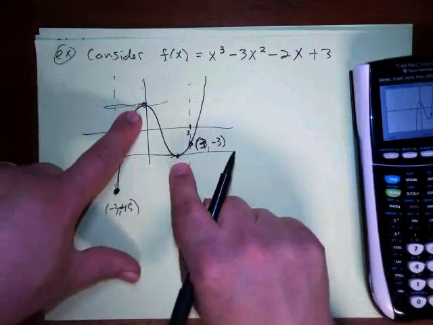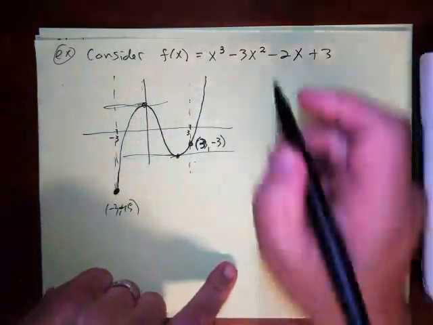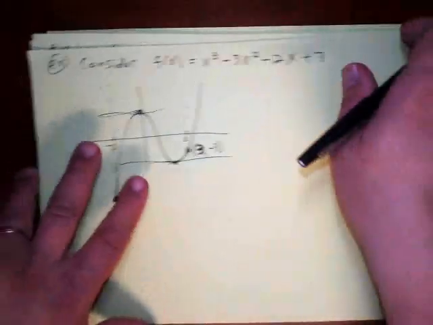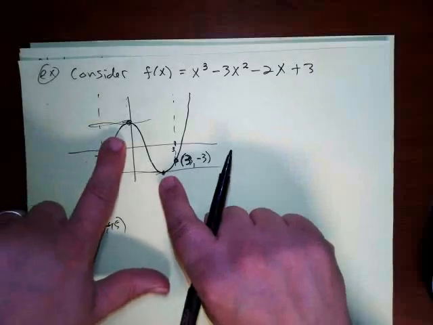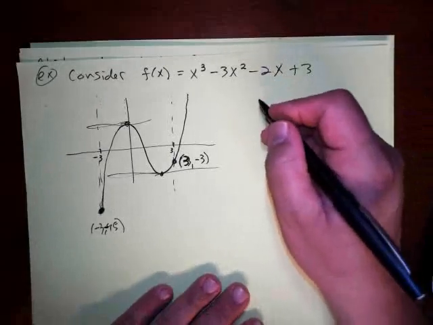If we want to find exactly where these occur, I can take the derivative, set the derivative equal to 0, and find when the derivative is equal to 0. Then I'll actually find where those relative extrema occur. So let's do that.